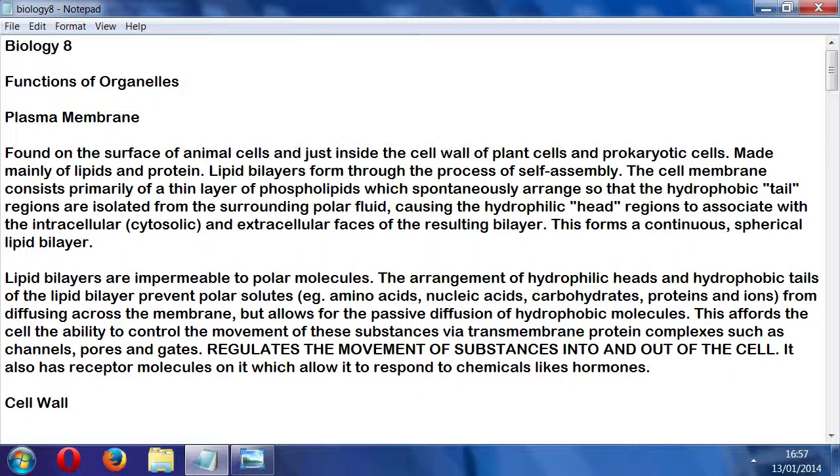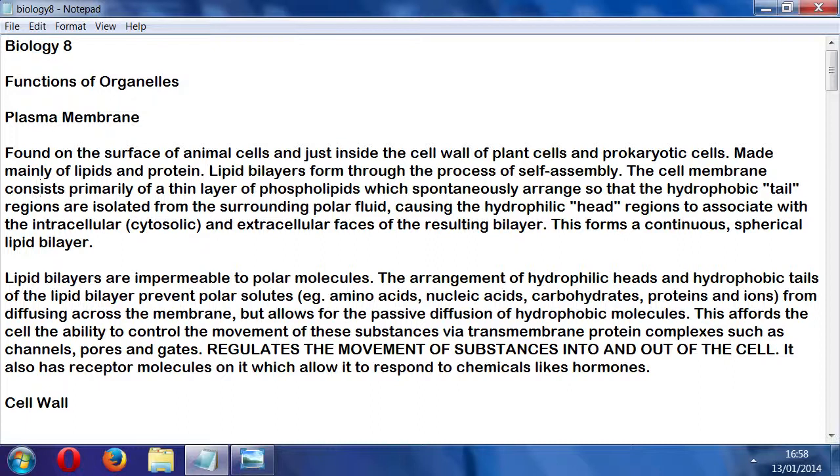This affords the cell the ability to control the movement of these substances via transmembrane protein complexes such as channels, pores and gates. It regulates the movement of substances into and out of the cell, and it also has receptor molecules on it which allow it to respond to chemicals like hormones.